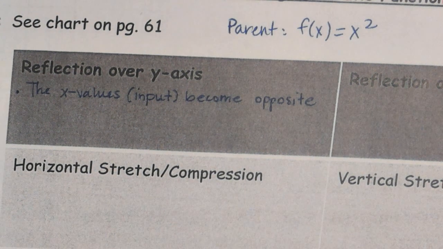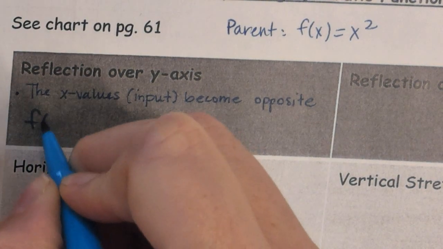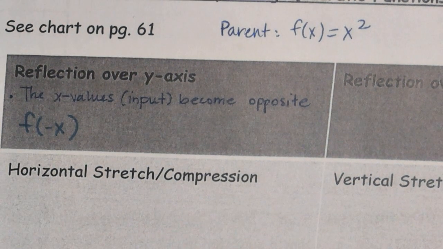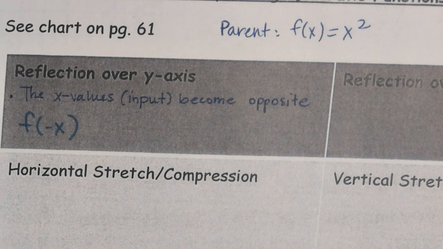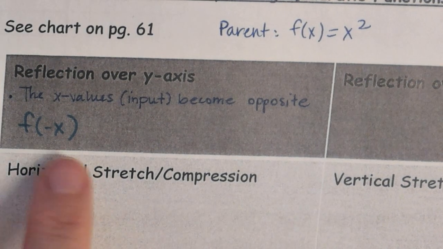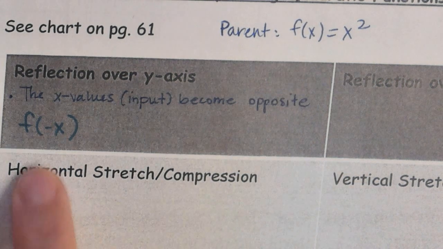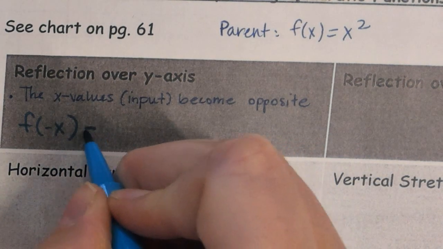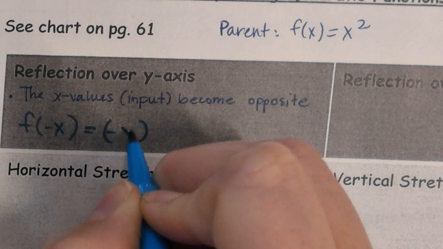Now, the rule is f of negative x. Remember we talked about how we could remember where the negative went, and it was y. That rhymes with I, so it goes inside. And if I plug this into my function, I'm going to replace x with negative x.